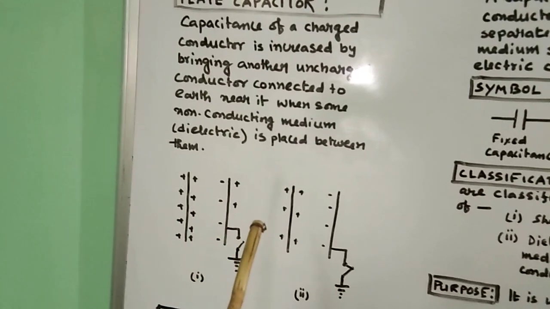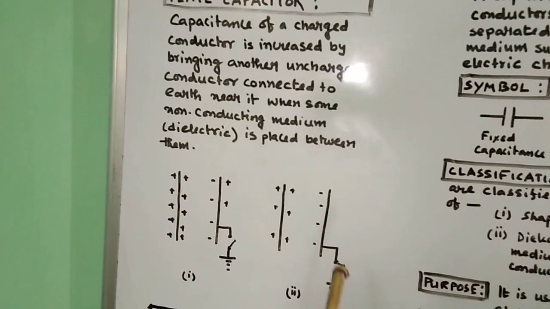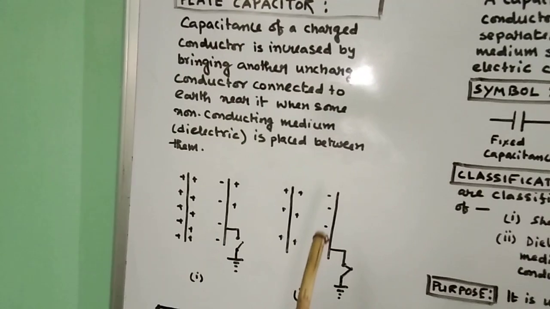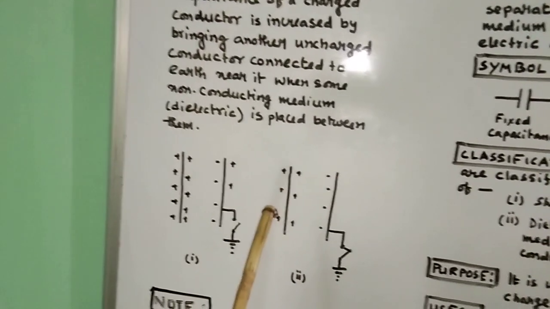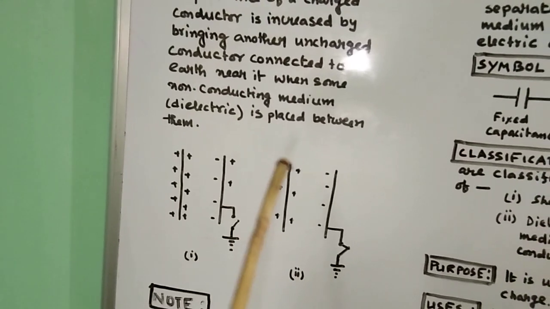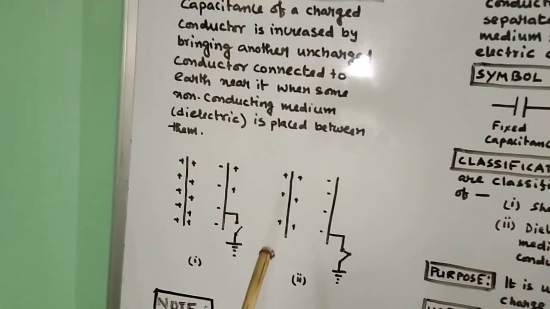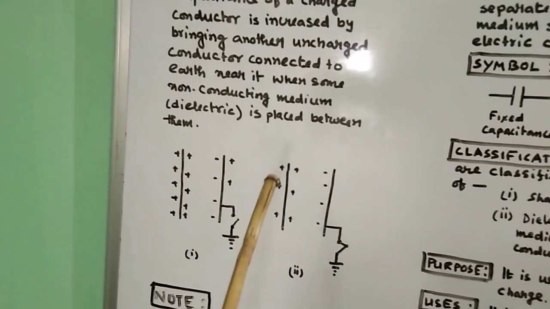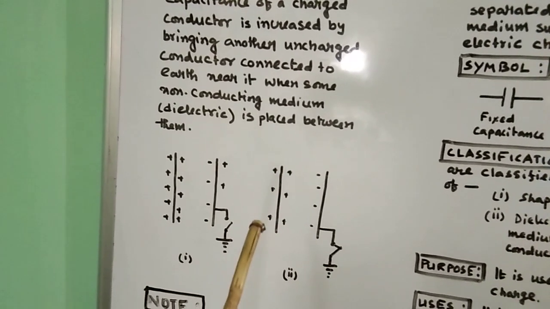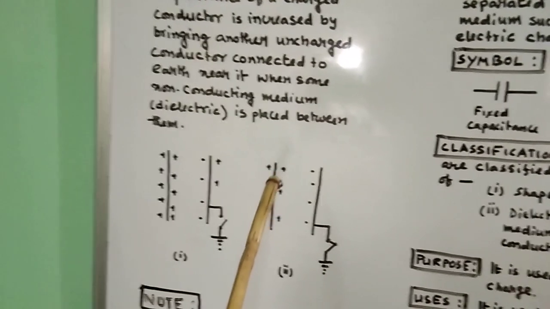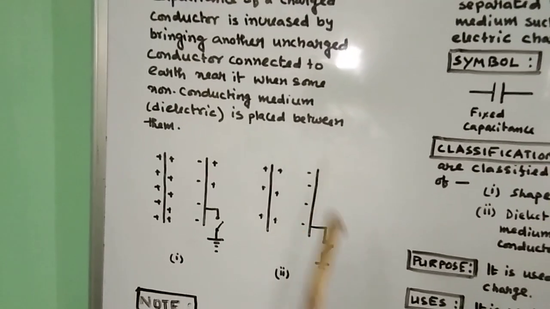Now when you connect this part to the ground, you have only negative charge. So this negative charge will try to reduce some of the positive charge available in the conductor. If you reduce some of the positive charge, it means you now have less charge, so you can add some more charge.